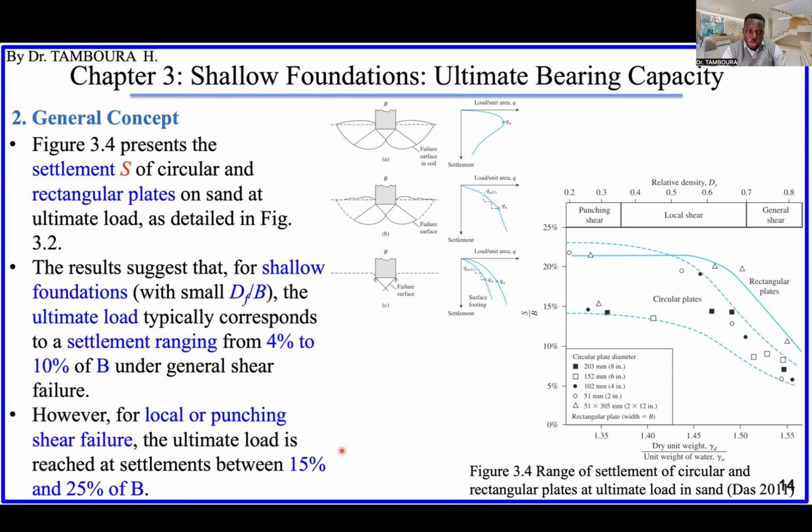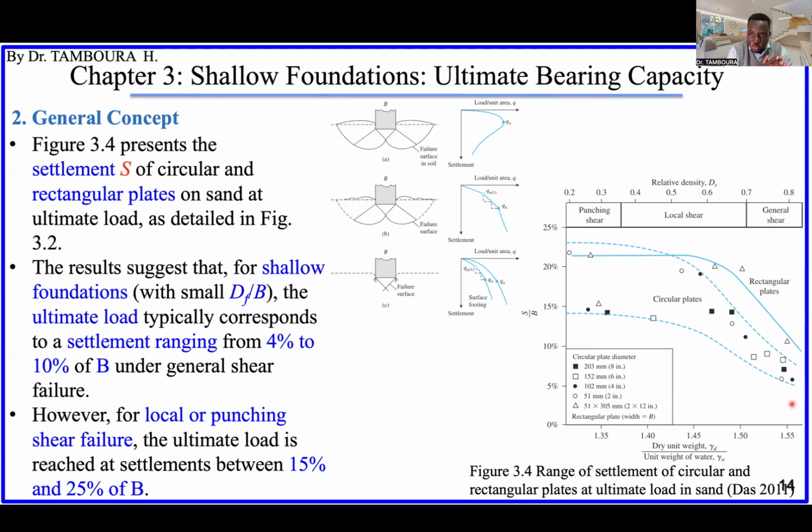Okay. Shallow foundation means this ratio is small. So if you are in case of general shear failure, then the settlement corresponding to the ultimate capacity is between 4% to 10% here, between this range. Okay.